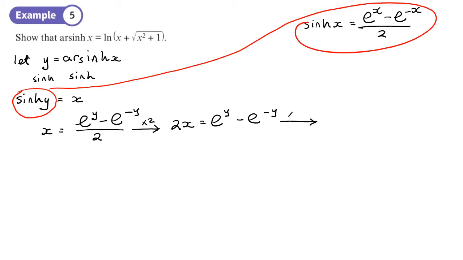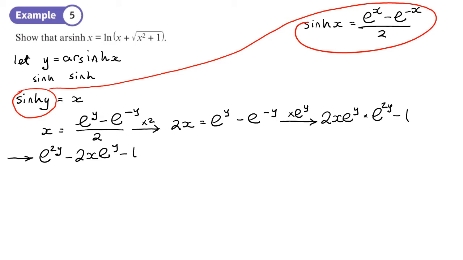I don't want a negative power, so I'm going to times everything by e to the y. So I've got 2x e to the y equals e to the y times e to the y, which is e to the y all squared, or e to the 2y, minus 1. Right, next step, bring everything to one side to make it look like a quadratic, which will give me this.